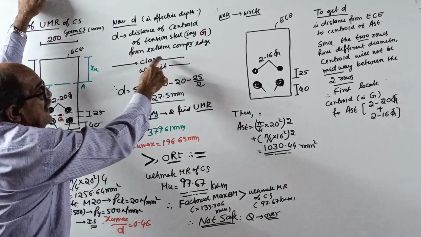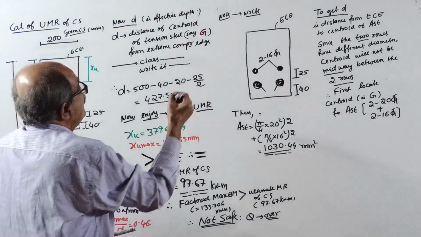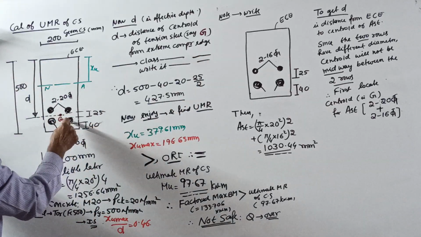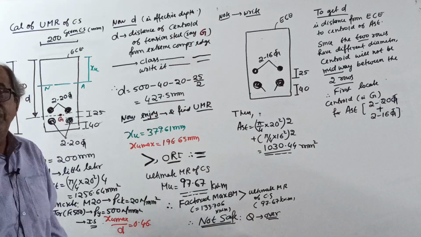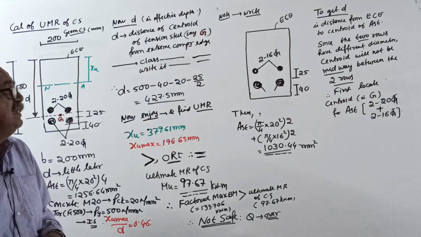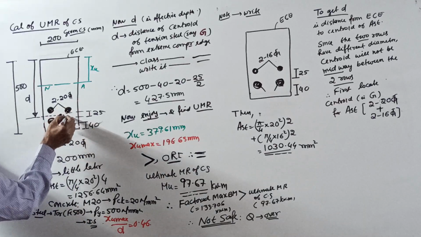Now, something I am telling in the class, you should write it. If you want to understand correctly, you should write it here. If you don't write, you are losing. Since both the rows are having same number of bars and are also of same diameter, centroid will be exactly midway between the rows.